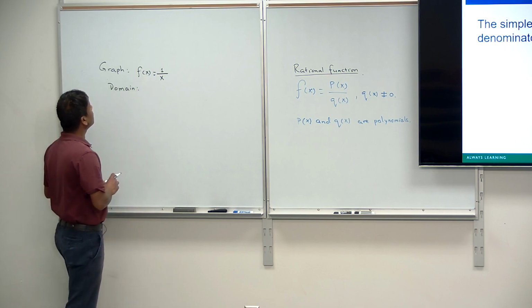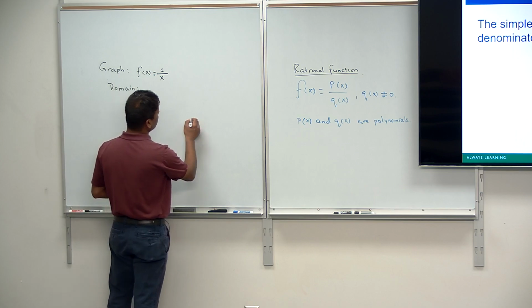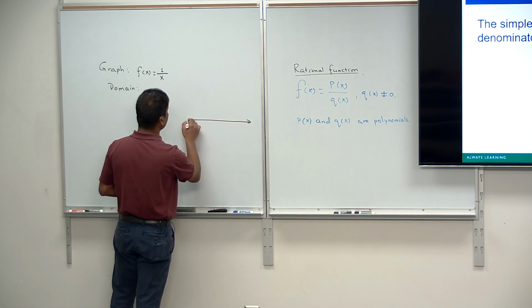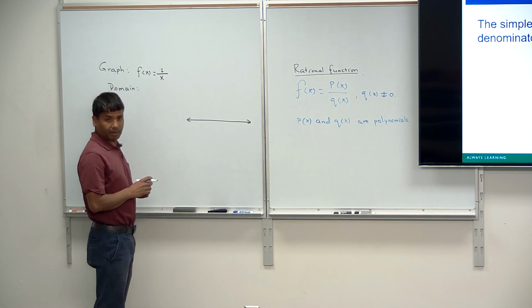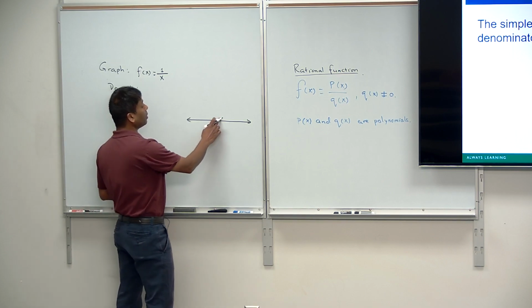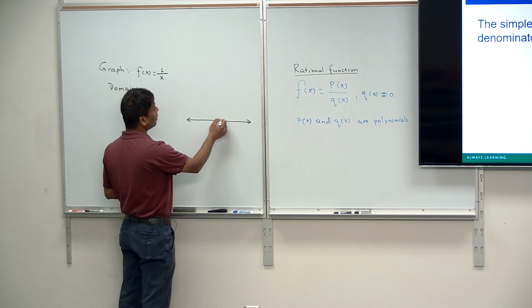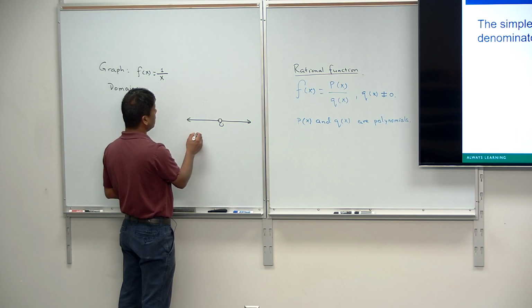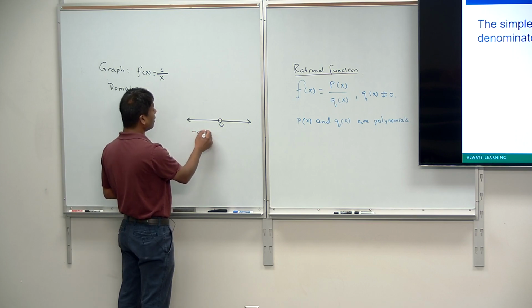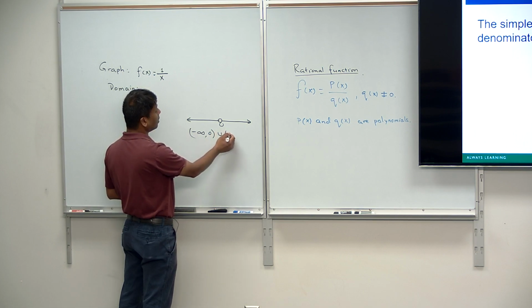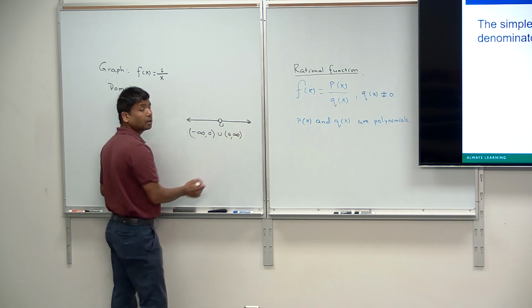0. So now we have to exclude 0 from the number line, right? So if you exclude 0, the domain is going to be negative infinity comma 0 union 0 comma positive infinity.